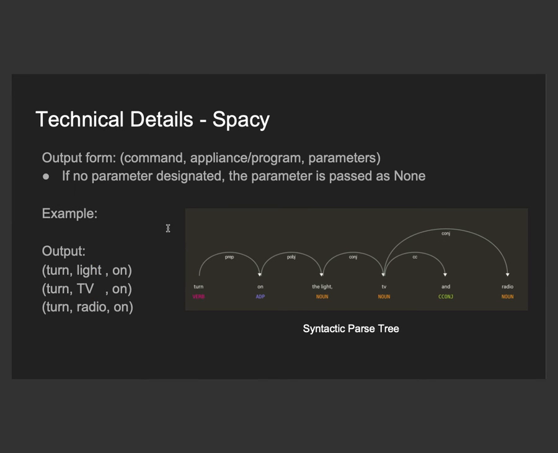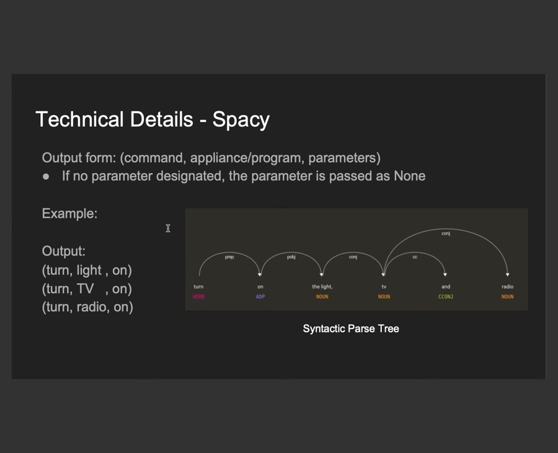So, technical details. spaCy is one of the bases of our system. This one allows us to output the form of command as the command, appliance, program, and parameters. After the sentence has been processed by BERT, spaCy will first analyze the structure of the sentence by analyzing each word. For example, here we have a sentence, turn on the light, TV, and the radio.